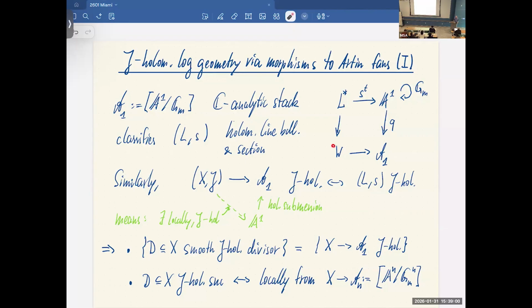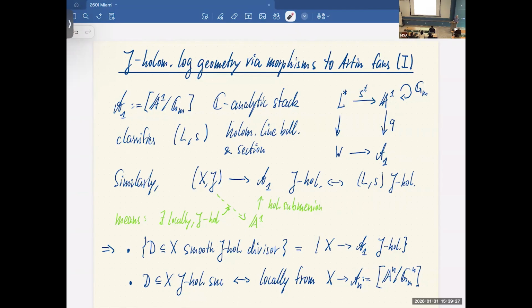So you test the stack by some, let's say, complex analytic space W to A1 over G_m, and then you have this line bundle over here. I took a dual. There is a little bit of a sign confusion, but they're all equivalent or anti-equivalent, so it doesn't really matter. The section would go in this direction, right?